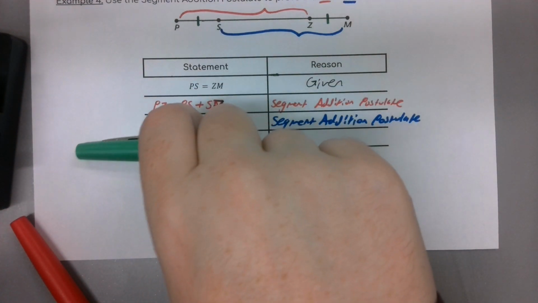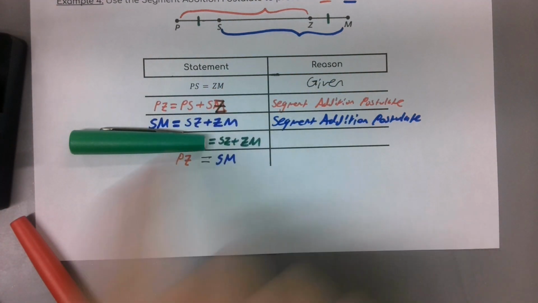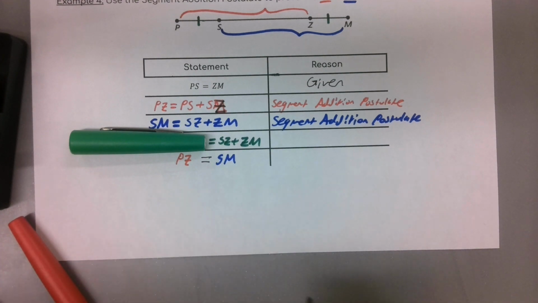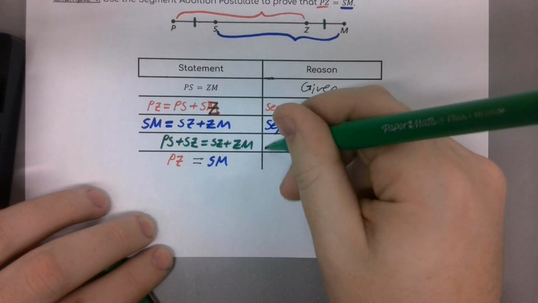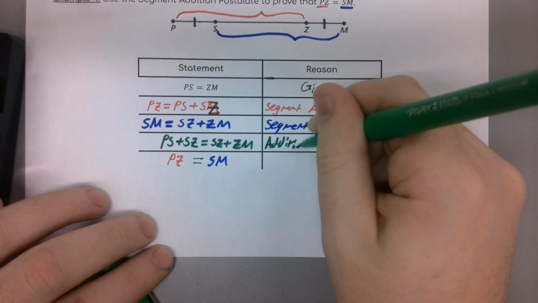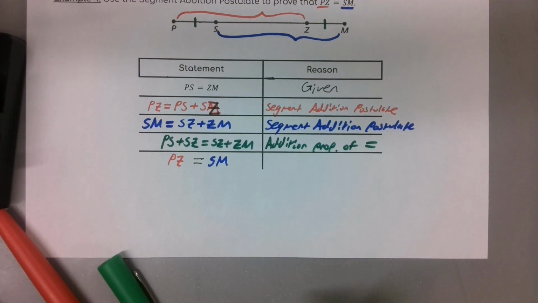Similarly, doesn't the right side look exactly like the blue equation, SZ plus ZM, SZ plus ZM? What lets us just willy-nilly add SZ to both sides is the addition property of equality. That's the one that says you can add whatever you want to both sides as long as it's the same thing.